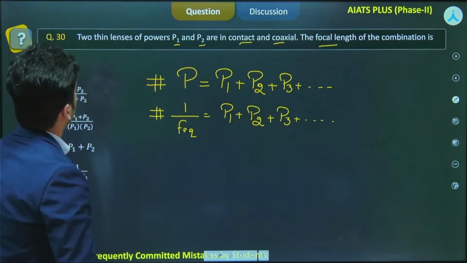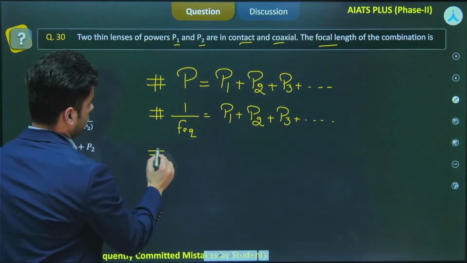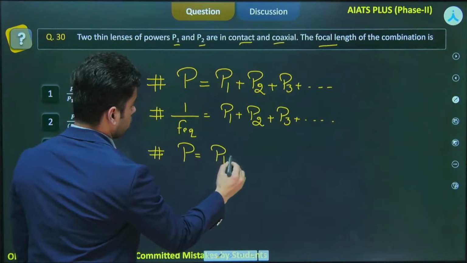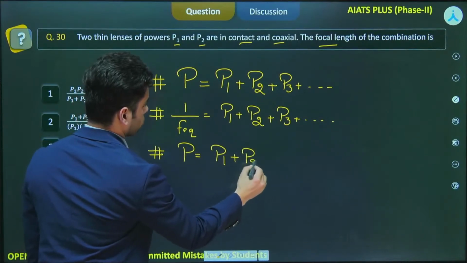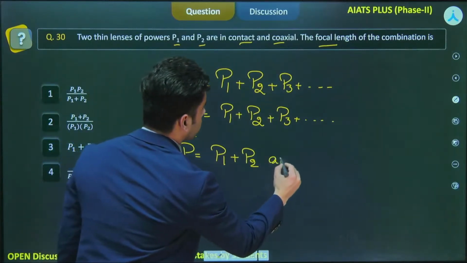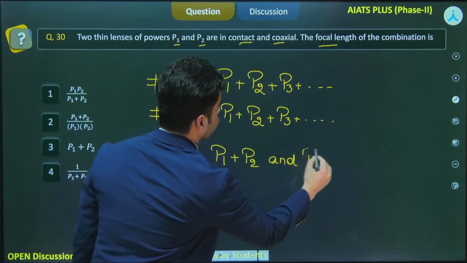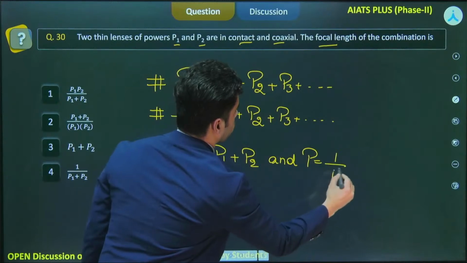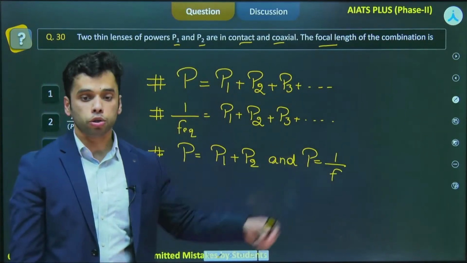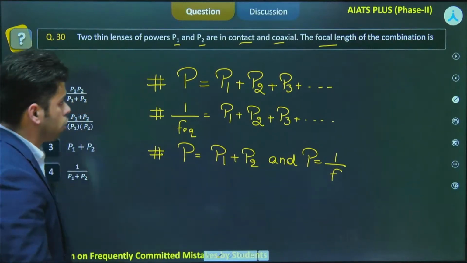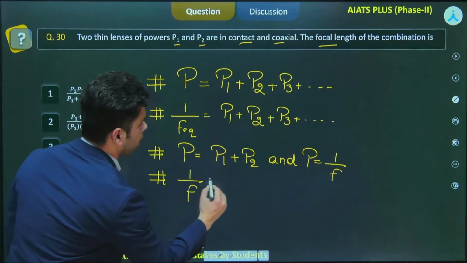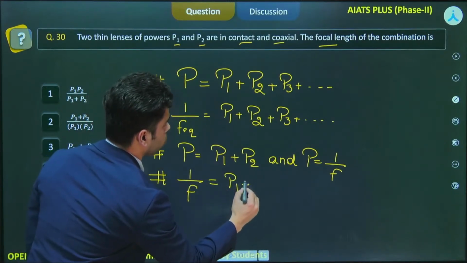For our case, we have two thin lenses, so I can write that P should be equal to P1 plus P2, and P should also be equal to 1 over F. In that case, 1 over F should be equal to P1 plus P2.